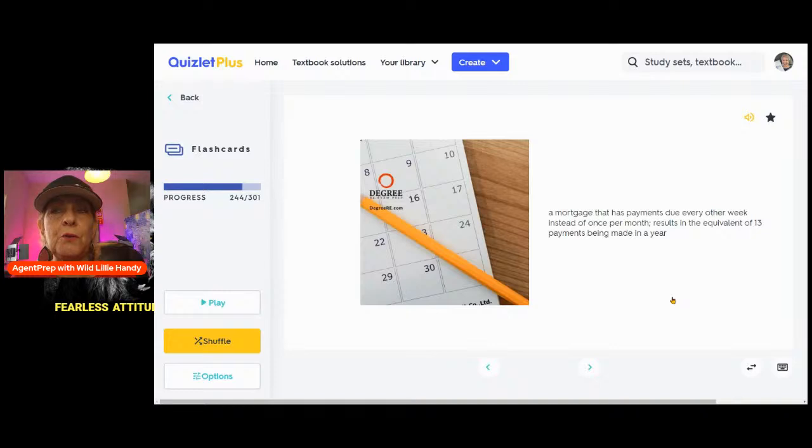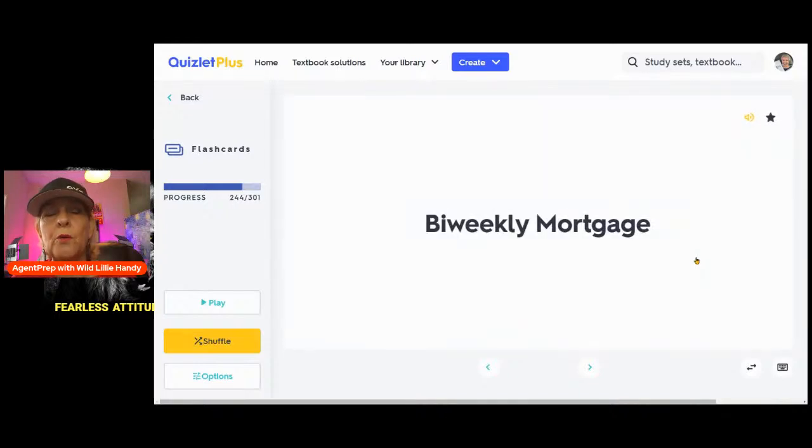Because we have 52 weeks versus 12 months times 4 weeks. It's 48 weeks, right? So we have one more month of 4 weeks. That makes it 13 months. It's a quicker way to pay off a loan.